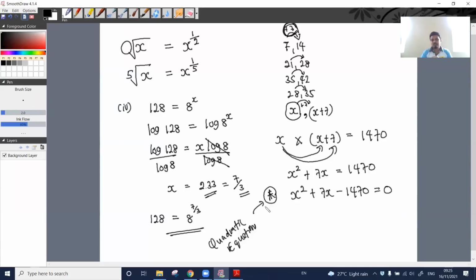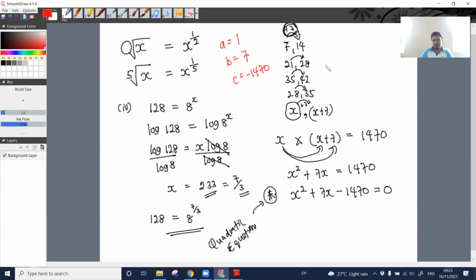First, using the quadratic formula. What is the quadratic formula? Tell me what is the A value here? That is 1. B value? That is 7. C value? That is minus 1470.